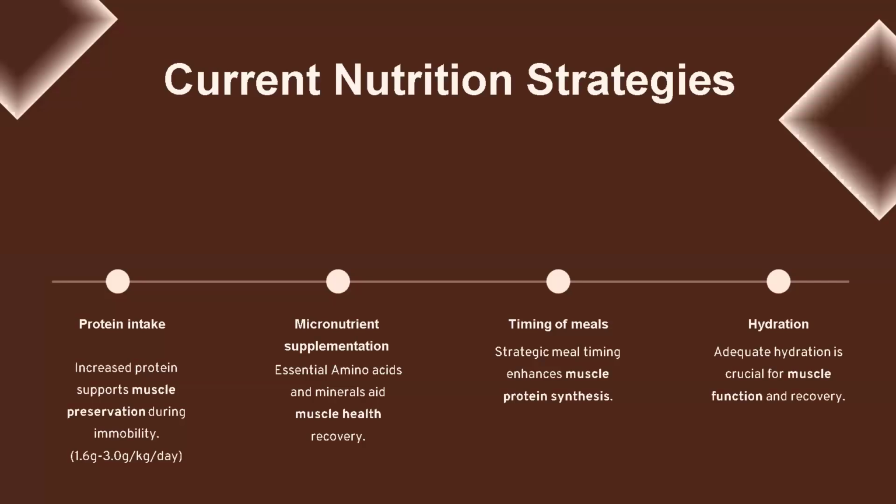An approximate 40 to 60 nanograms per milliliter is advised. B vitamins are also important, including B6 and B12, and are involved in protein and carbohydrate metabolism, helping convert food into energy for muscle function and repair.